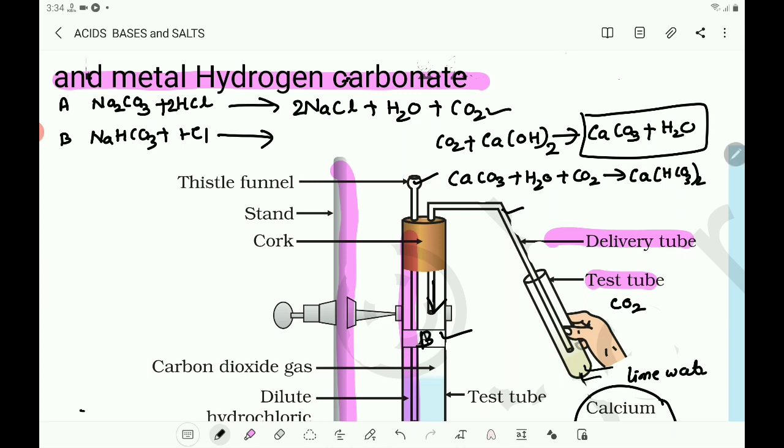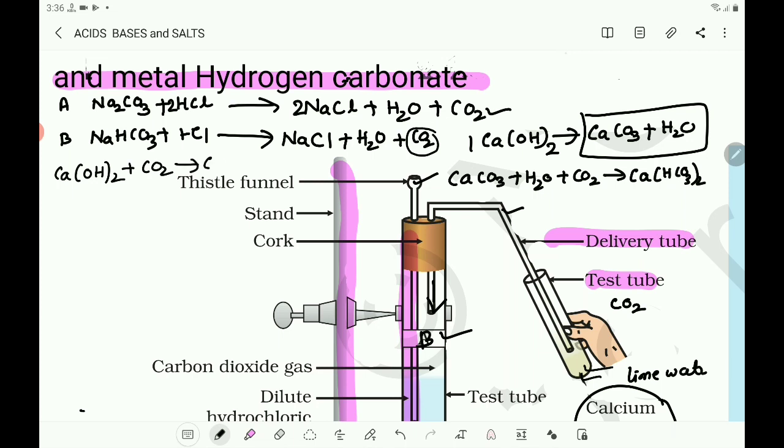So you write HCl. Again here what are you going to get? NaCl plus H2O plus CO2. So with test tube B also you got carbon dioxide. Pass that carbon dioxide through the lime water, that is Ca(OH)2, aqueous solution of calcium hydroxide, plus CO2.